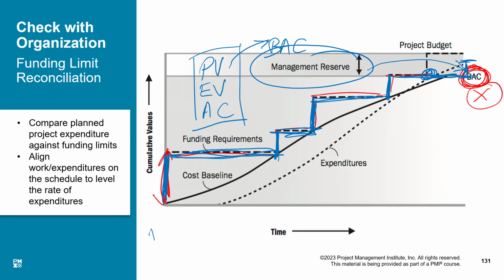Spending is something which actual expenditure has happened. If I can compare these two items, they will tell me how far behind or ahead I am in completing the work. That is my progress. I was supposed to do this much work, but I have done this much work. So the difference between these two would be my schedule variance.